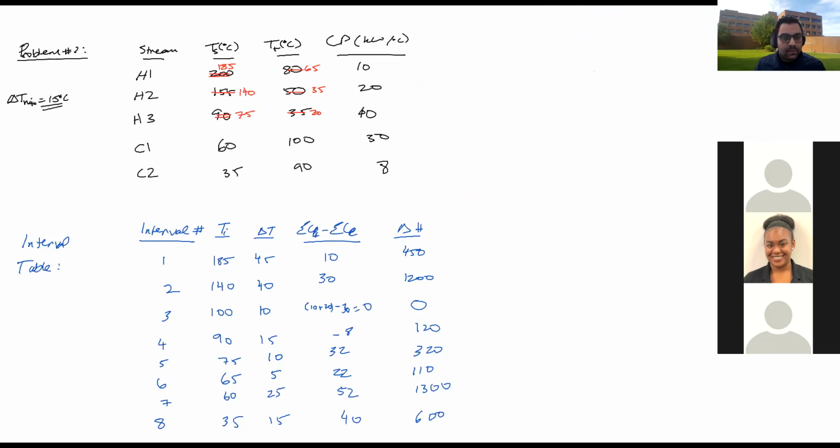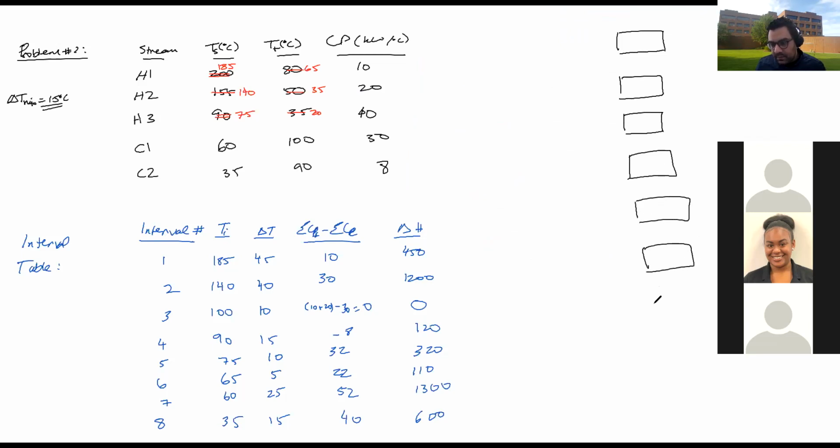Okay. So when drawing your cascade diagram, the first step is draw a number of boxes equivalent to the number of intervals. Really, this is the easiest way to avoid making mistakes when filling it out. So I have 8 intervals. I'm gonna draw 8 boxes. So I have 1, 2, 3, 4, 5, 6, 7, 8.